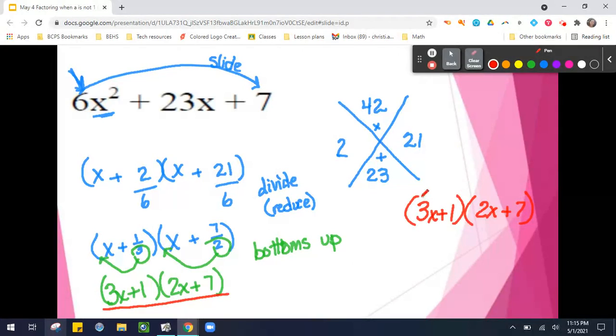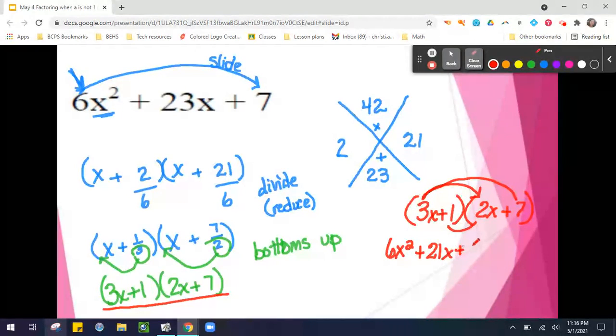So I'm going to multiply, and I'm going to use the distributive property. 3x times 2x is 6x squared. And 3x times 7 is 21x. And 1 times 2x is 2x, and 1 times 7 is 7.